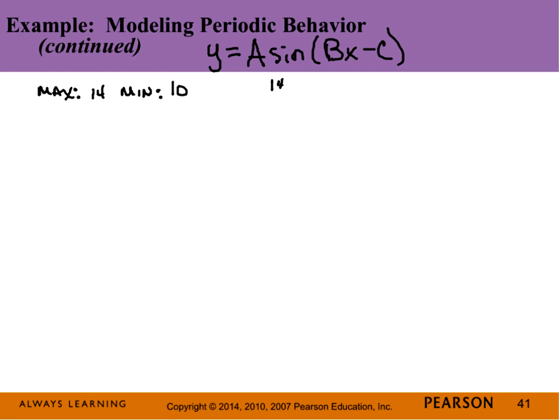If you think about it, we have 14, 13, 12, 11, and 10. If 14 is our max and 10 is our minimum, then we have an amplitude of 2.